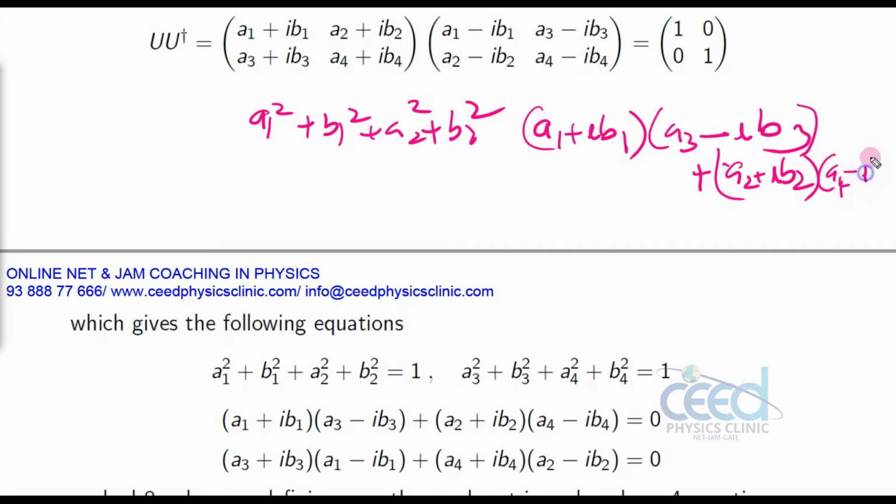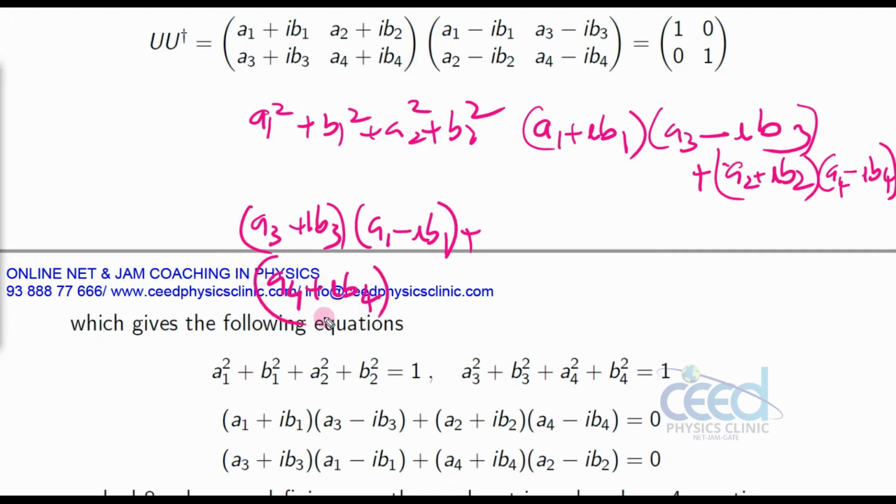Similarly, the other off diagonal term is a3 plus ib3 into a1 minus ib1, plus a4 plus ib4 into a2 minus ib2.